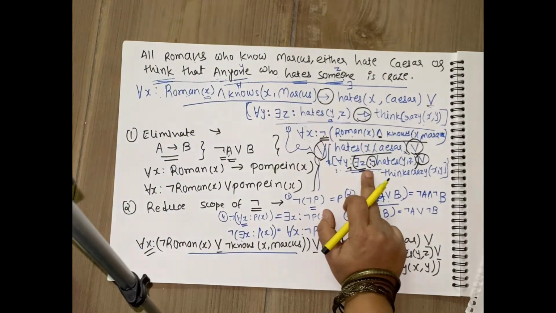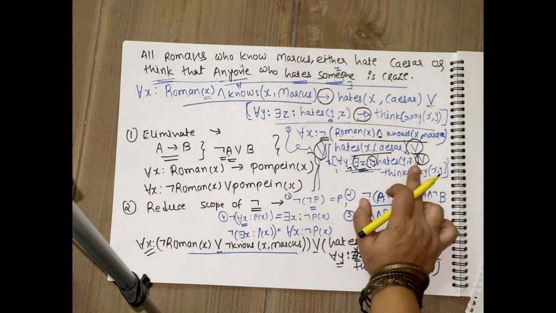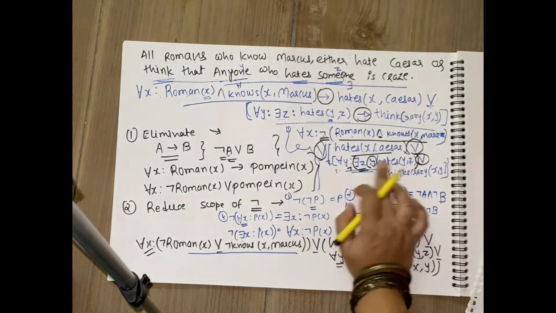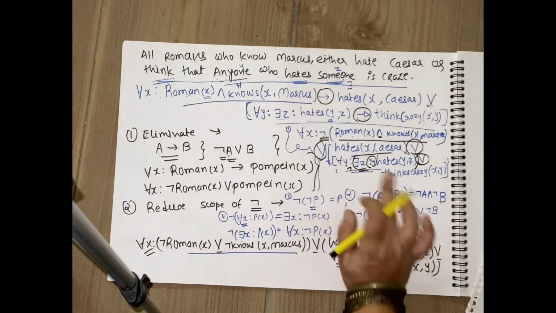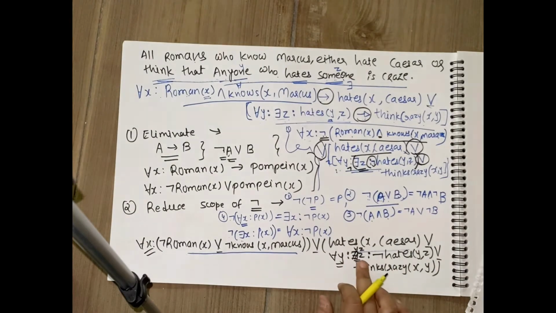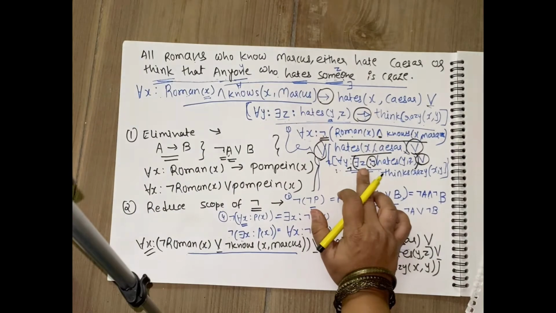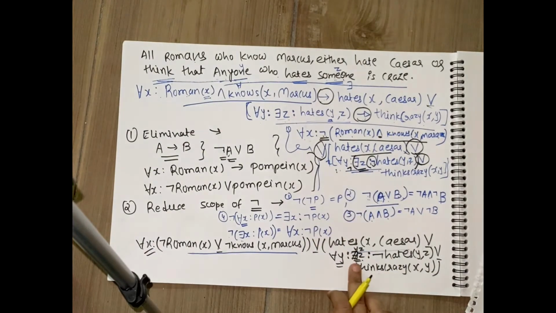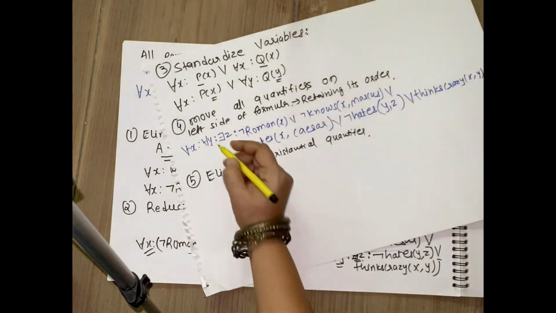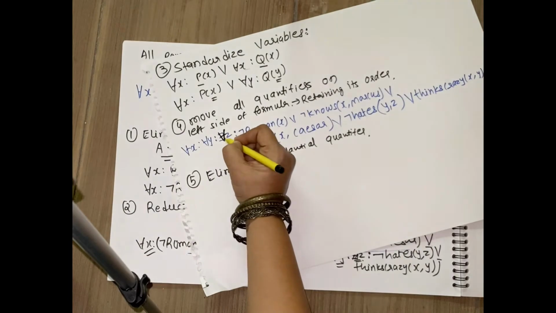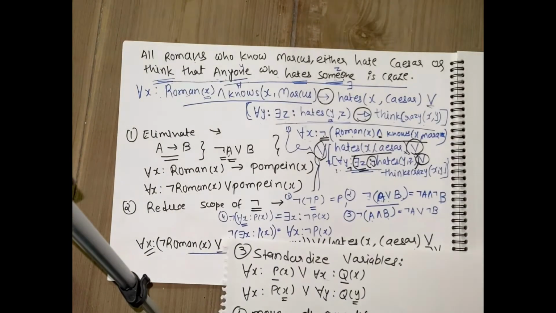Because you are talking about hating a specific person. So negation will involve there exists z, and as per rule number 4 of negation, applying negation to the inner scope, there exists z will be converted to for all z, and hence when you move it over here, it will be for all z. Let me repeat once again.